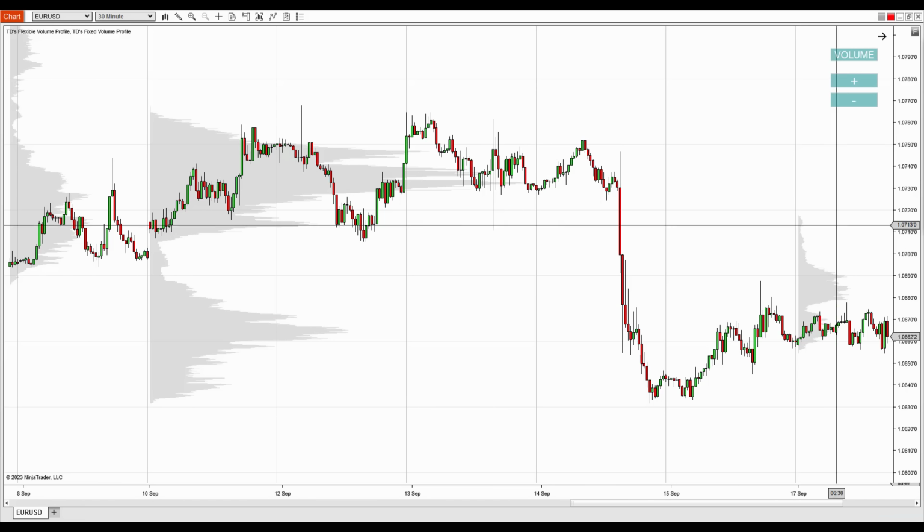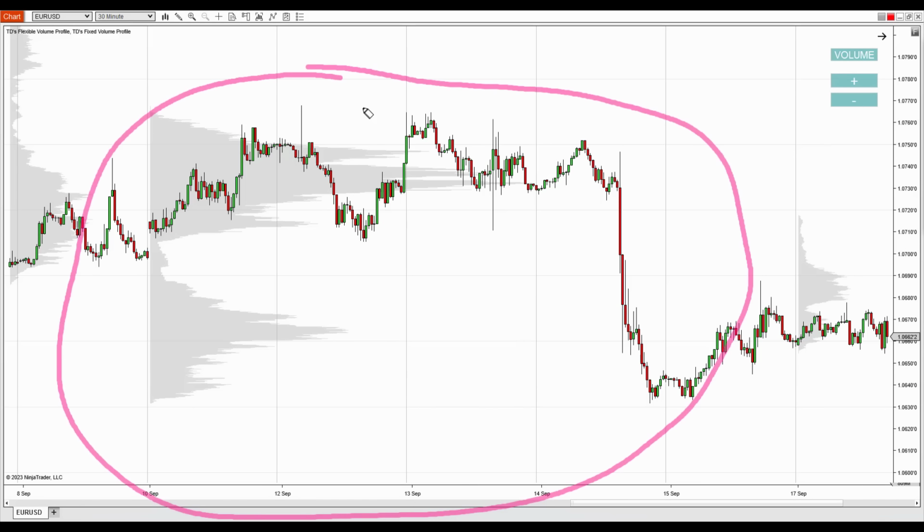Now, if you look at any volume profile, let's stick with this one. The most important zone in the volume profile is the place where the heaviest volumes were traded. In this case, it is this price level, because the volume profile is the widest in here, and it is called the point of control, POC.